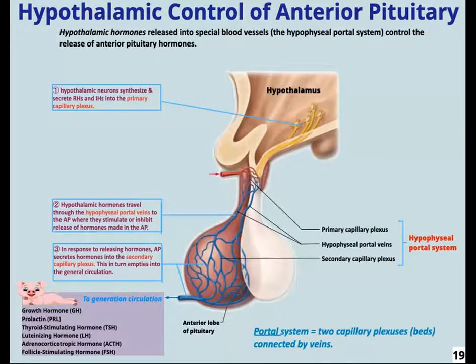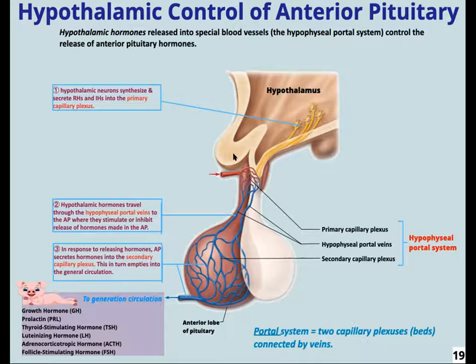Now let's take a look at how the hypothalamic releasing hormones and inhibiting hormones get to the anterior pituitary. The hypothalamic hormones get to the anterior pituitary through specialized blood vessels, which is the hypophyseal portal system. And so this is a portal system.